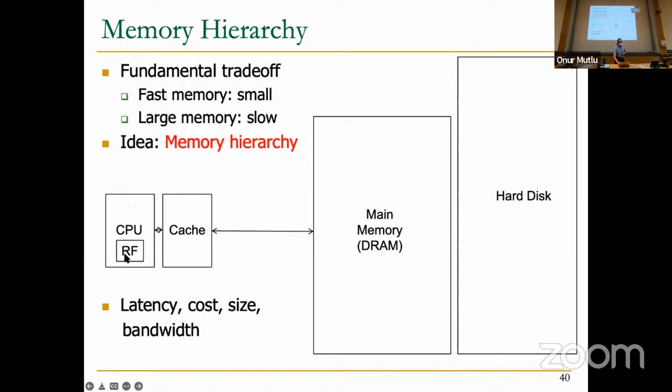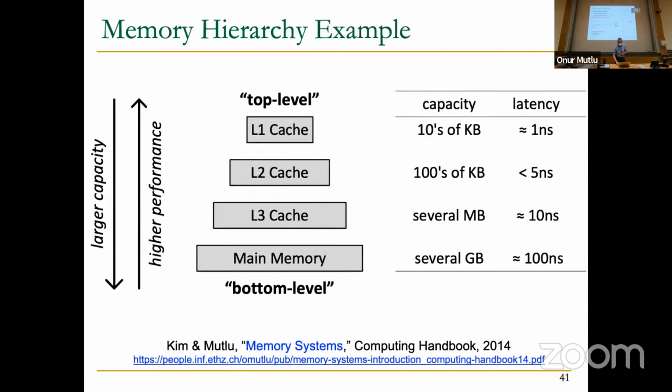So here you have very high bandwidth access to the register file, whereas you have very low bandwidth access to the hard disk because it's totally off the chip, if you will, and the access is through relatively low bandwidth interconnects. Okay, so this is the example from your book chapter that I assigned.